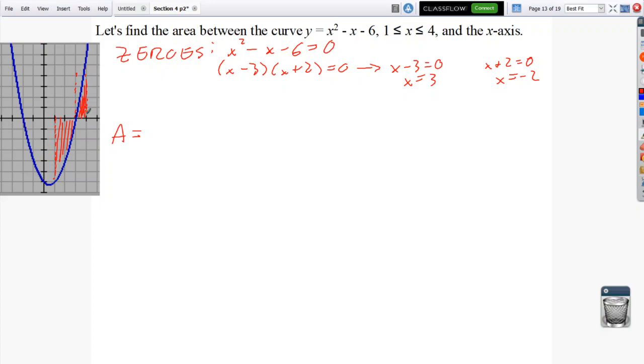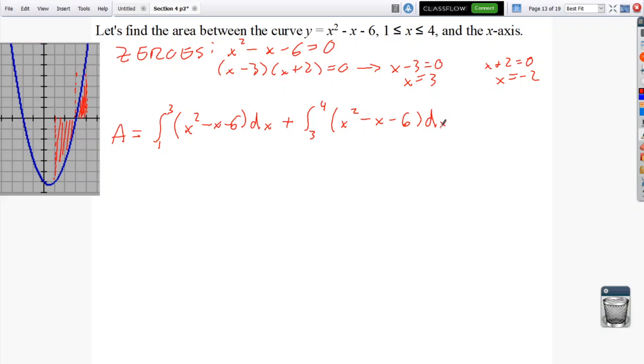The way that we do that, we calculate the area from the beginning of the interval, 1, to the zero that's on this interval. The first zero, -2, is not on this interval, but 3 is. So we're going to take the integral from 1 to 3 of x squared minus x minus 6 dx, and add to it the integral from 3 to 4 of x squared minus x minus 6 dx.